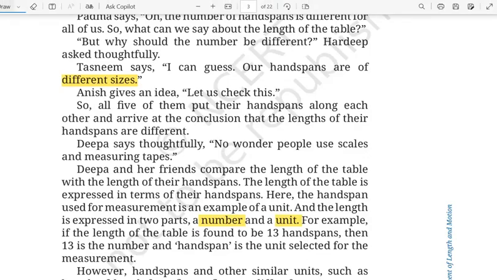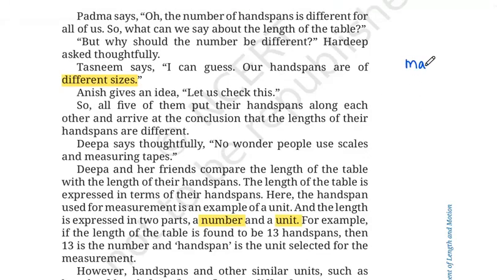For example, let me write it down for you. Suppose you are measuring mass. If you bought 1 kg of potato from the grocery, so 1 kg, where 1 is a number and kg is the unit.